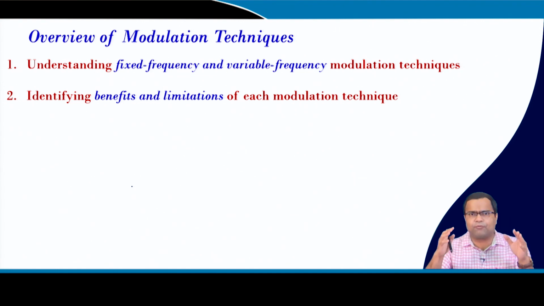For example, if you go for trailing edge modulation in current mode control, which is nothing but peak current mode control, we saw there is a stability issue, a current loop stability issue, beyond close to 0.5 duty ratio. That is the boundary for both trailing edge and leading edge, or basically peak current mode and valley current mode control, and each of them has limitations in terms of operating duty ratio.